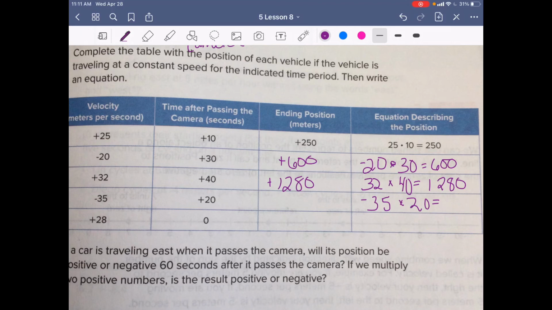Well, we know if we multiply 35 times 2, that's going to give us 70, and we have to add in a 0, so it would be negative 700. Negative 700. And our last one, our meters per second is 28 for 0 seconds. So we would have 28 times 0, and any number multiplied by 0 is 0. So our ending position would be at 0.